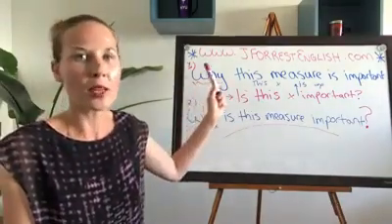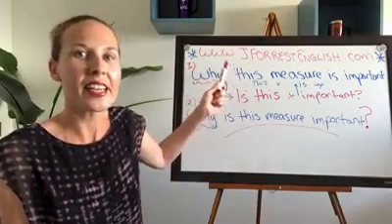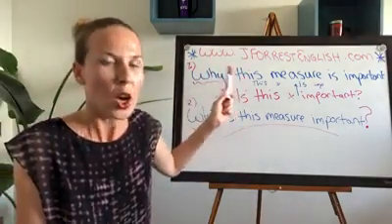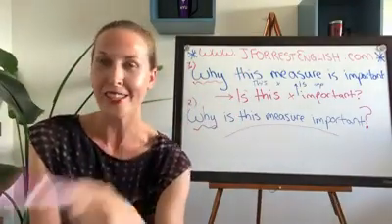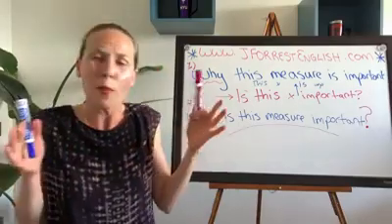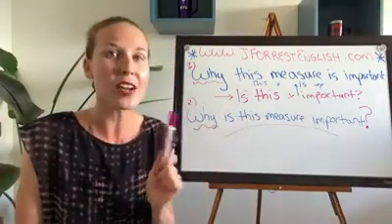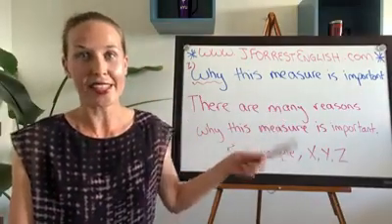Now, I want to talk about this first one because this is not correct as a question, but there is a way we can turn it into a grammatically correct sentence. It's going to become quite complex though, okay? But I want you to see that transformation. Here's our complex sentence.